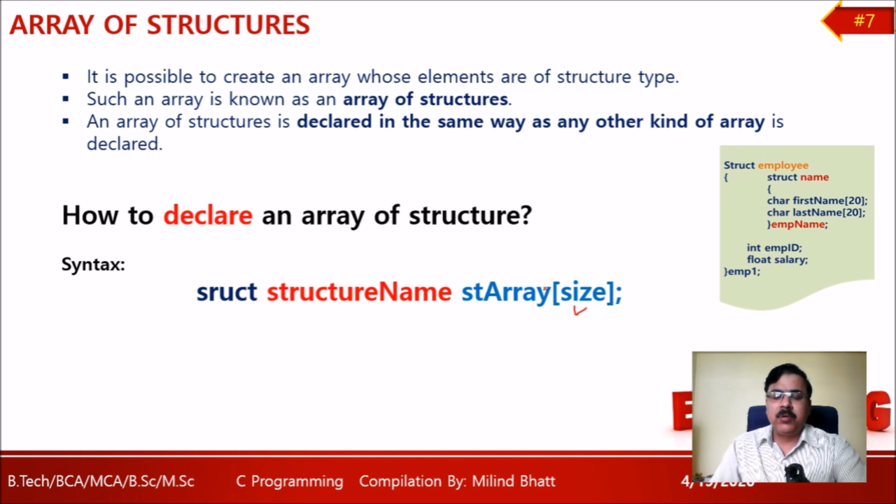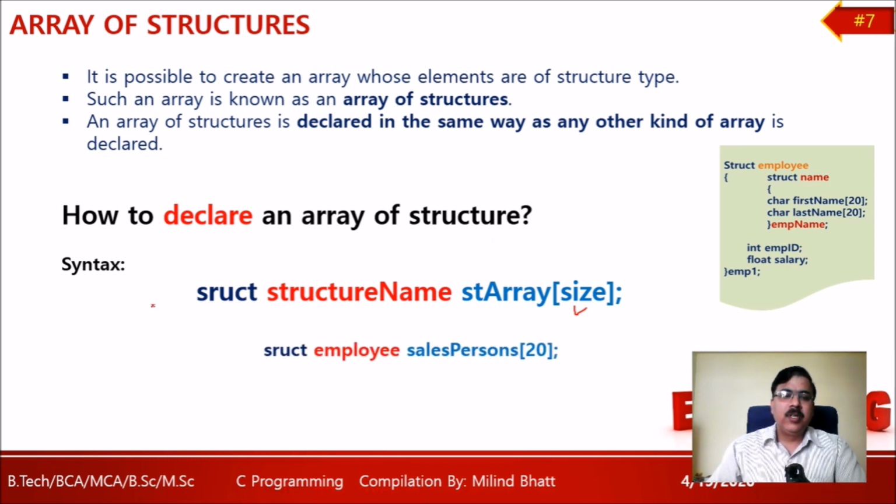Let's have an example. Say struct employee salesperson. How many salespersons are there? Say 20. I have a structure employee. Inside that I have one more structure, say name, having first name and last name. Its member has been created in terms of employee name. So employee name will be a member of employee, having two more members, employee ID and salary.